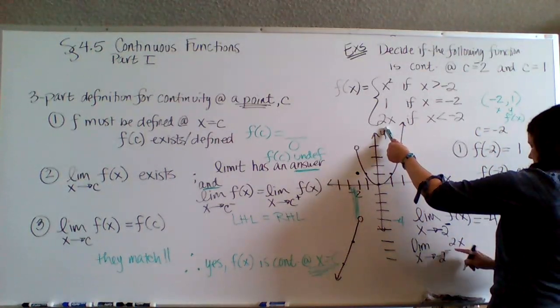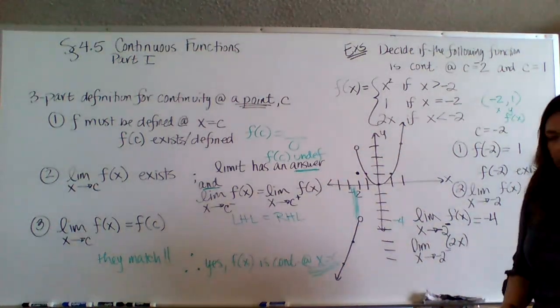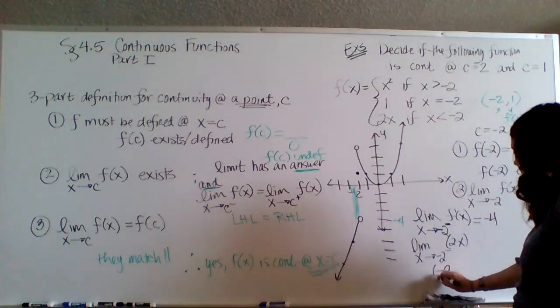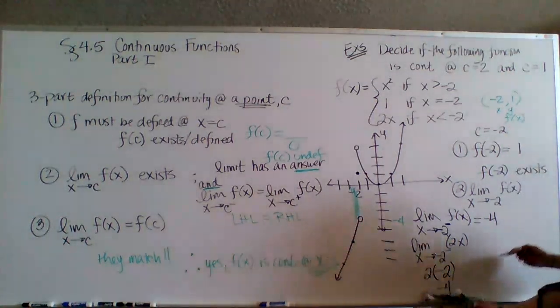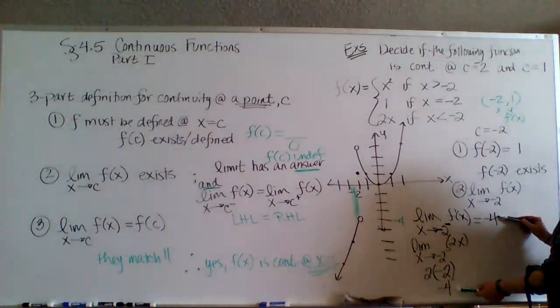And 2x is not going to give us division by 0 or 0 over 0 that we have to finagle. We can just directly substitute. It doesn't matter that it says negative 2 from the left. You would be plugging in negative 2 for this x. The other 2 would still be in front of it, which would give you negative 4. So same answer either way, which is the point I'm trying to make. You can do it graphically or algebra-wise.